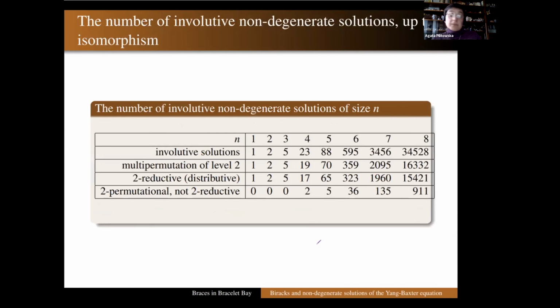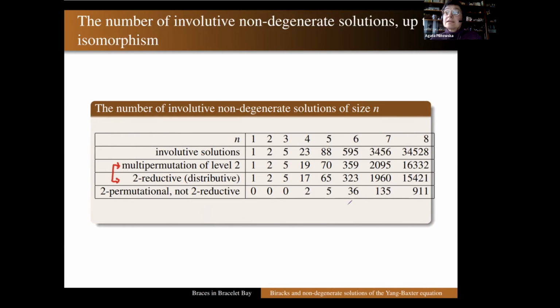Finally, you can compare the number of involutive non-degenerate solutions with respect to those which are multi-permutational of level 2, and how many of them are 2-reductive or equivalently distributive.